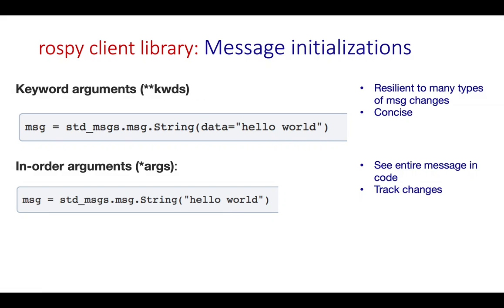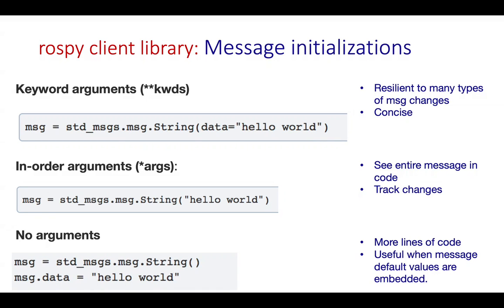If you are passing some command velocity, then it's a good idea to use in order so that you know there's nothing default being passed that you are not aware of, because it's explicit in the way the message was constructed. Or if you don't care about concise code, you can obviously trade for more lines of code, but then again you have to remember the field names as well. So it's a choice, okay? And we don't force any particular choice on you, so you won't get any credit deducted for using whatever as long as it works. That's what we care about.